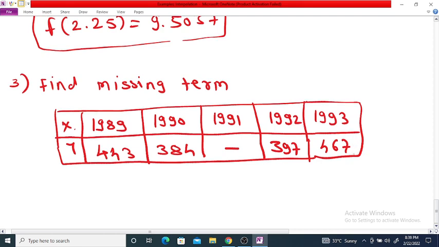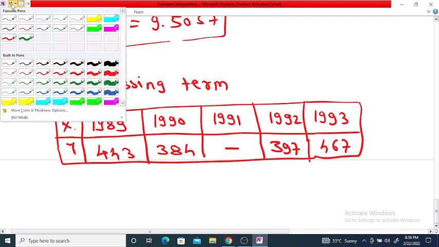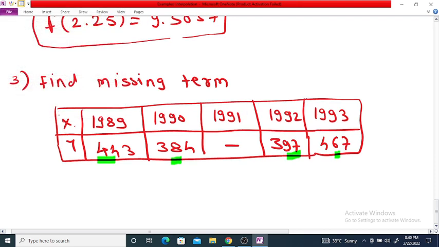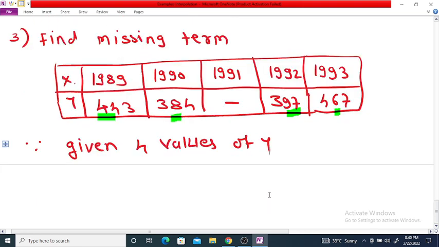Now we want to determine the missing term from the given data. Here you can see how many values are given: 4 values. This is the first value, second, third, and fourth. Four values of y means this is a polynomial of degree 3.